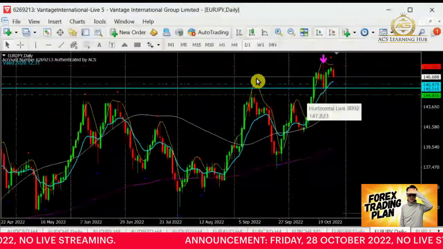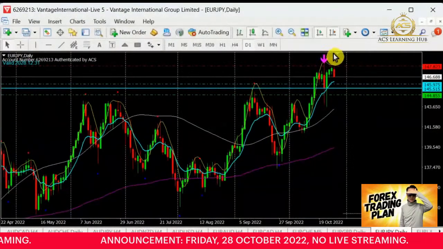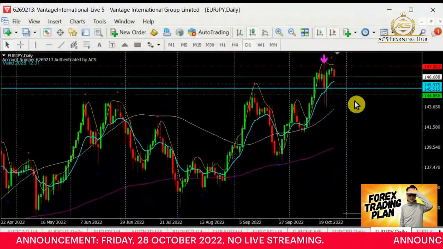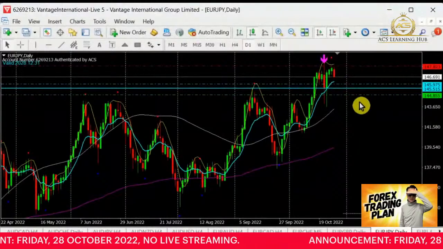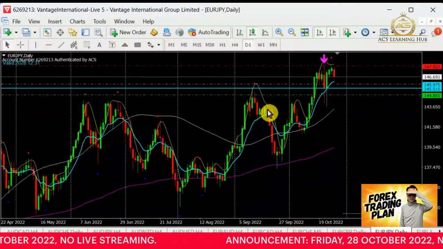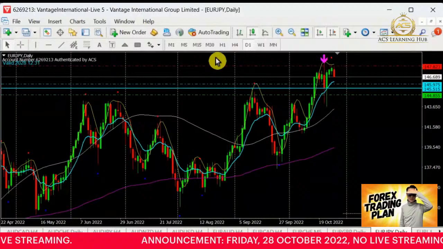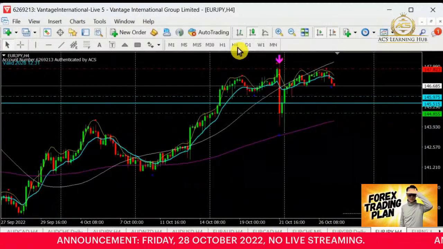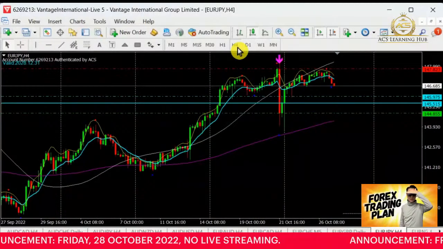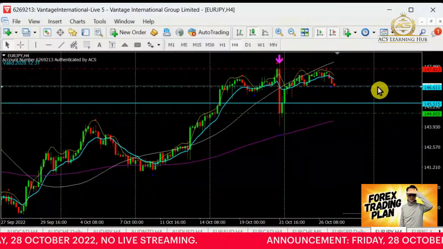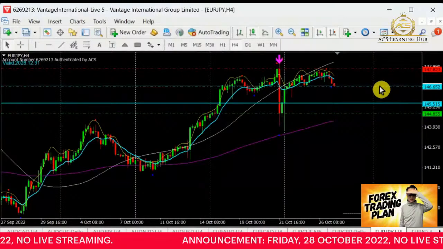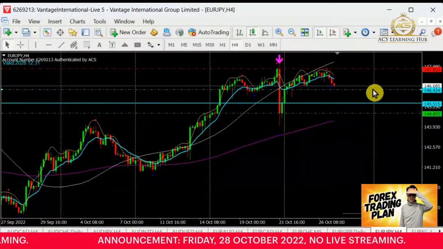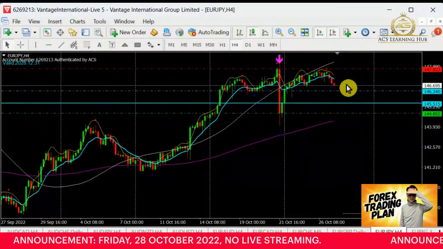So once again, is today a day that the yen is going to take something in, going for selling? Now let's take a look. At this point we are very near to this area, and there's a support here.